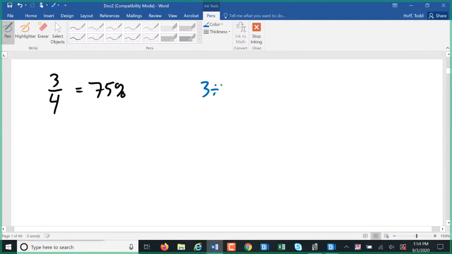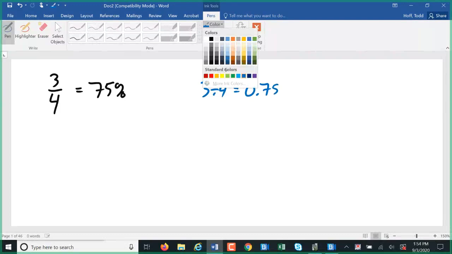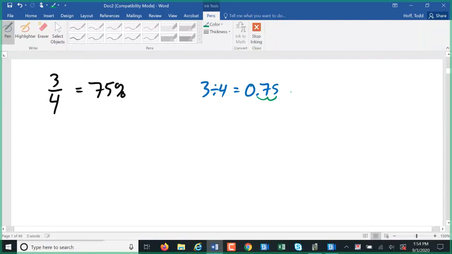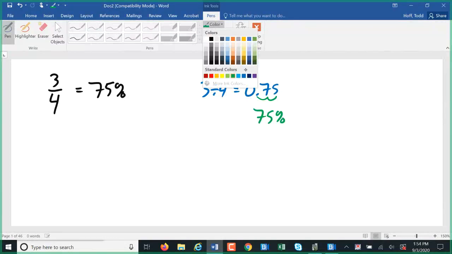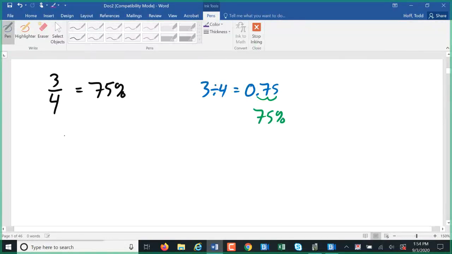We could have turned it into a decimal. 3 divided by 4 is 0.75. And then we could have moved a decimal point. 1, 2 makes that 75%. Or the other way we could think about it is 3/4 can be thought of as a ratio, 3 out of 4. Remember we said our percents are really a ratio. And we want it to be out of 100.